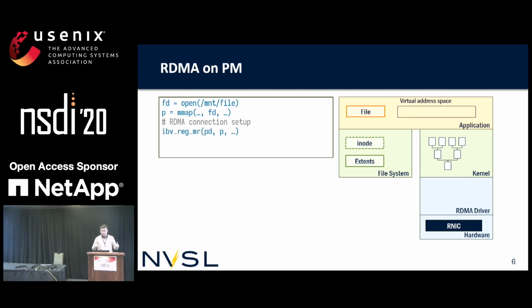But now, since we need to provide RDMA access, I will need to create a memory region. Because of the way RDMA works, the RDMA driver will try to fault in every page and create the page table entry for the entire mapping. And the whole user address space will be populated.